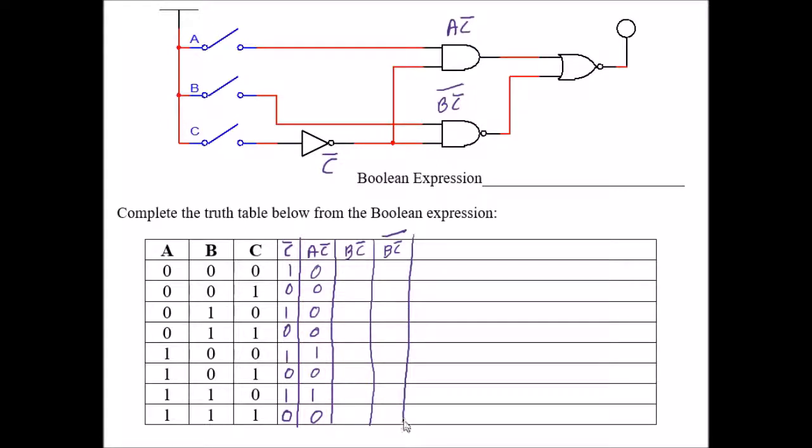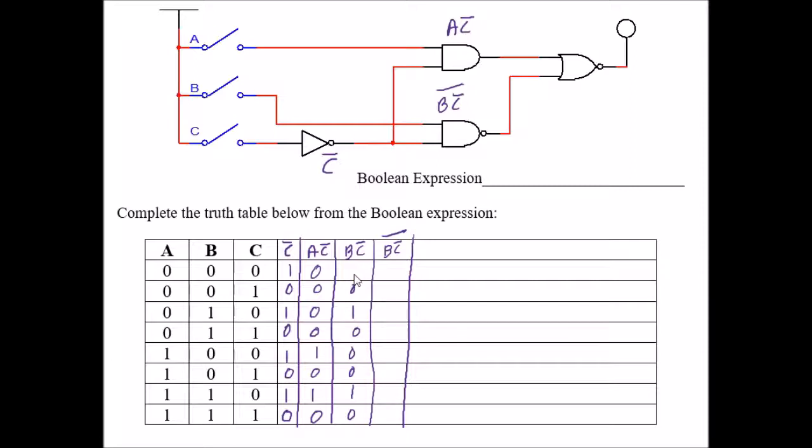So let's do the B, NOT C. I'm looking at every place B is a 1 and NOT C is a 1. So that happens once, and a B and a NOT C, and that happens once more over there. Everything else is a 0.